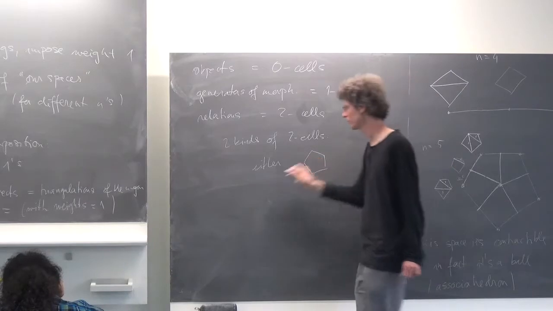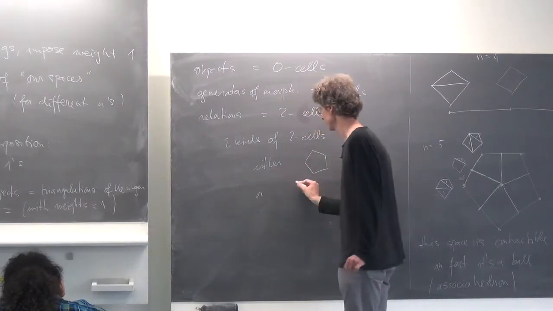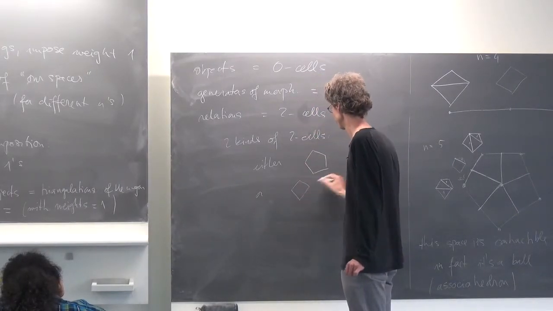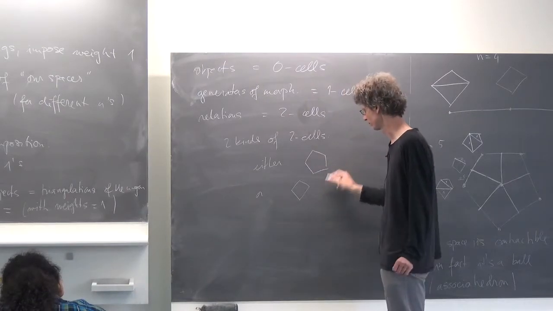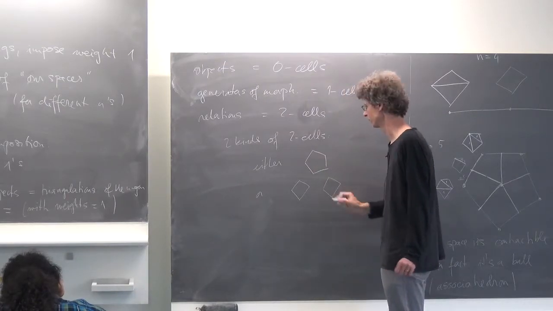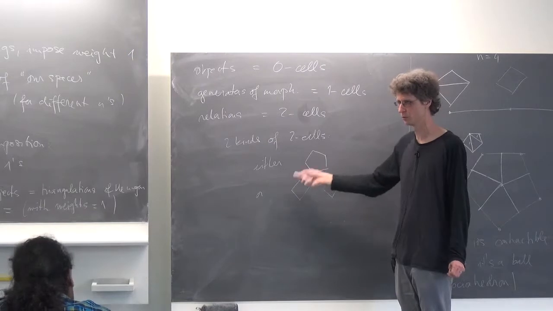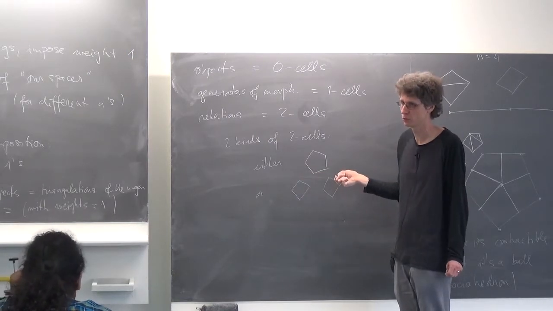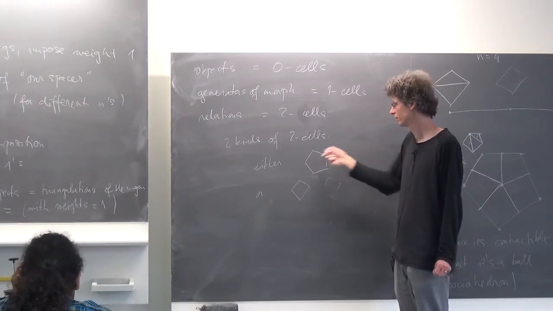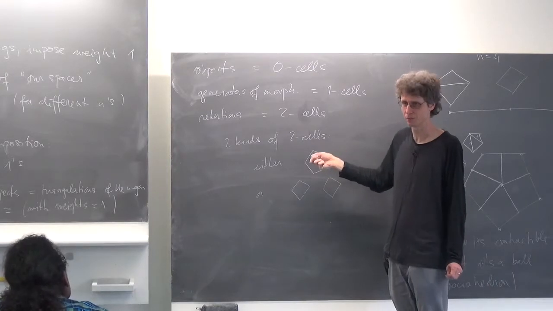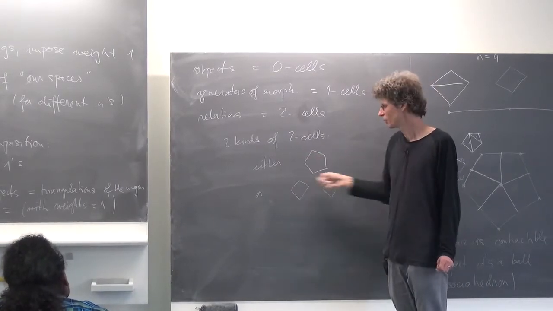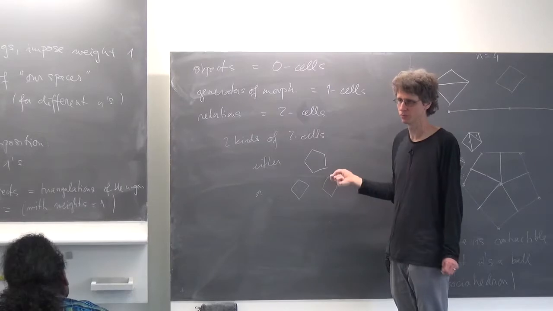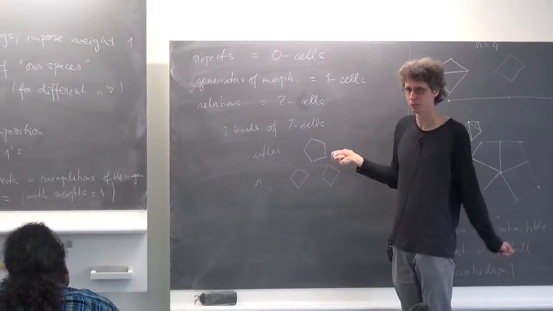So this is one possibility. Or there are two quadrilaterals. There are those two possibilities. So the relations are exactly this: pentagon and then commutativity of two disjoint flips. That's what we wanted to show, right?